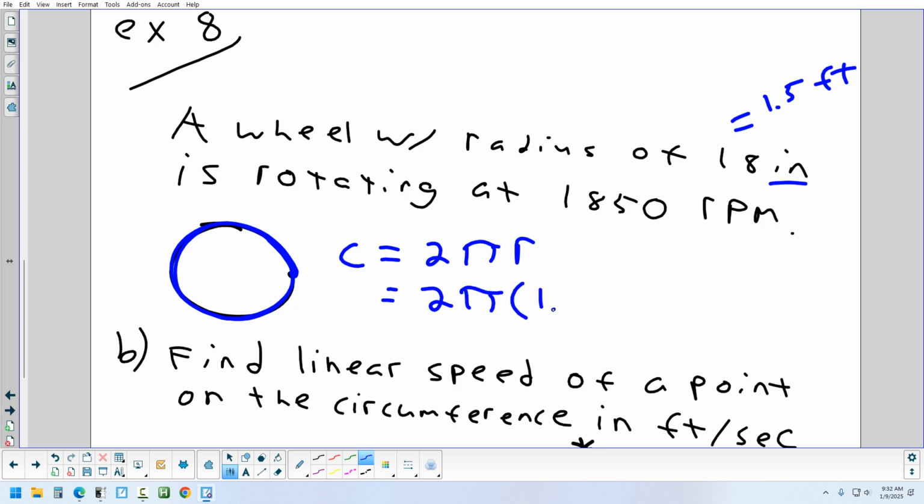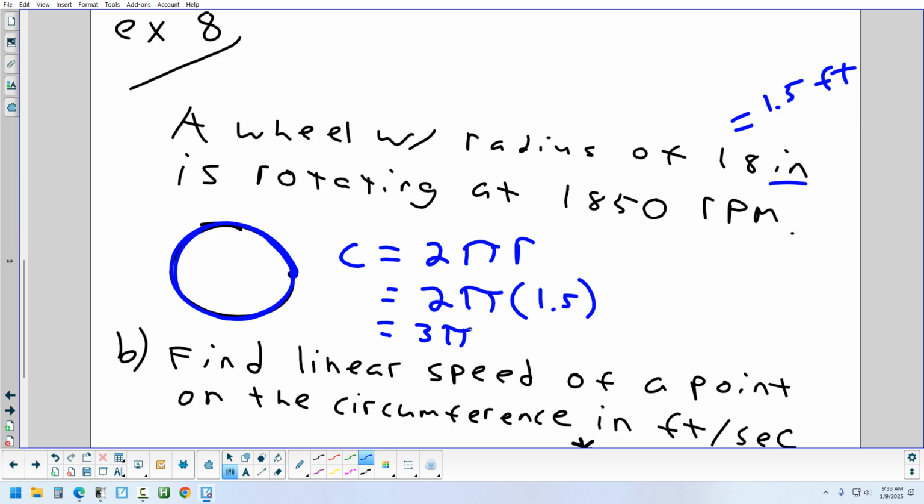I'm going to go with 1.5 feet because they want feet in the final answer. Okay. If we multiply that together and leave it exact, what's 2 pi times 1.5? Yep. 3 pi.